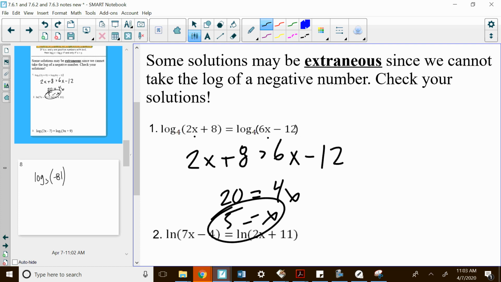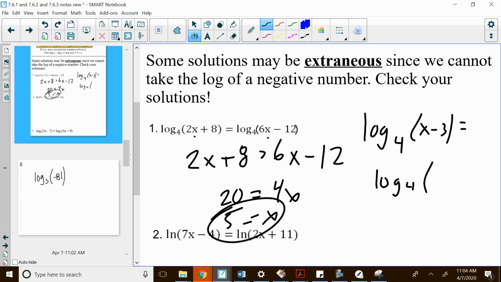Where we would see an extraneous solution is what if we had the log base 4 of x minus 3 equaling the log base 4 of 2x plus 1. What you'd have here is you'd set x minus 3 equal to 2x plus 1, and you would get x equal to negative 4.